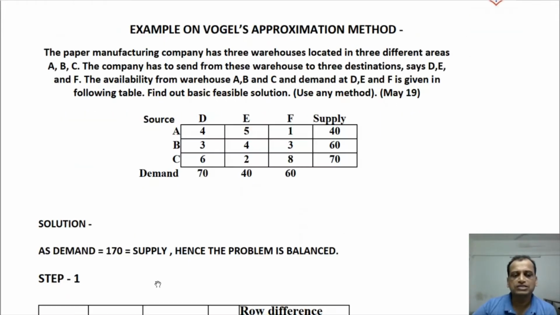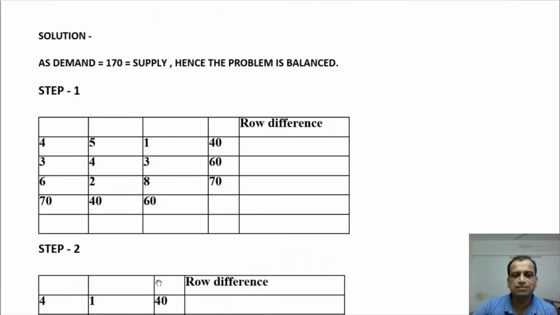Clear? So let's start. In the first step, we try to find out the row difference. Now how do we find out the row difference? So let's see. Here, what is the minimum element? 1 is the minimum element. What is the next?